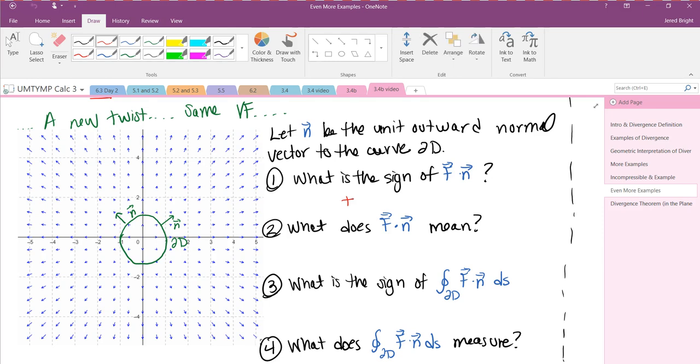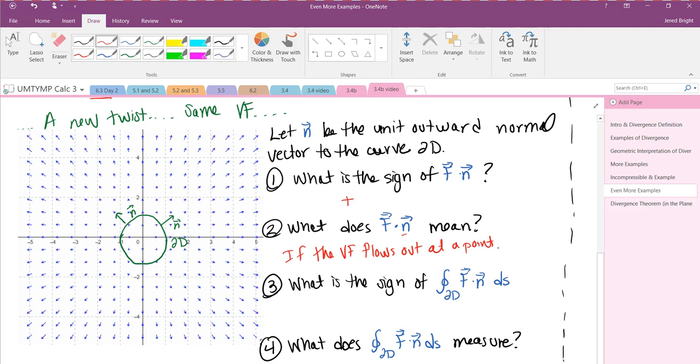And so what does this really capture geometrically? It's telling you if the vector field flows out at a point, and the point would correspond to wherever this unit normal vector is.